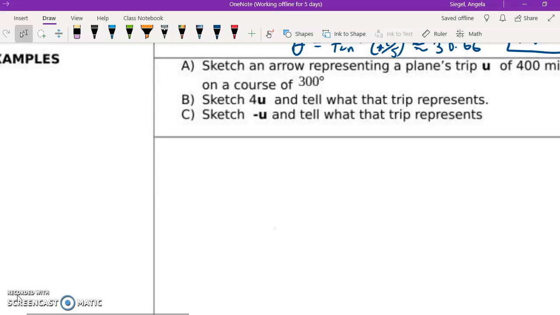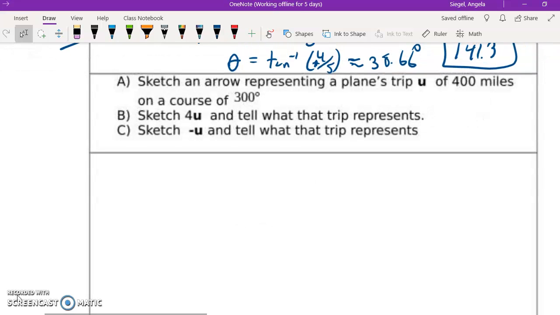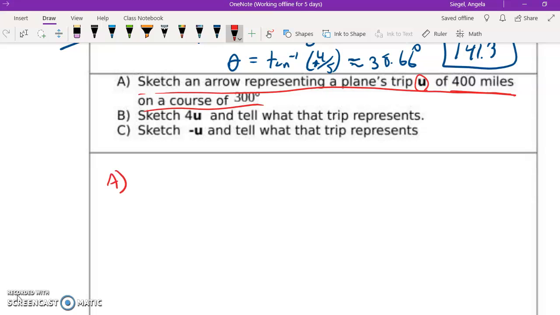Okay, and so for this last example in this video, we're just going to go over what to do if you see something like this in a problem. So sketch an arrow representing a plane's trip u of 400 miles on a course of 300 degrees. Okay, so think bearings here. So this is really nothing new. So you have your coordinate plane.